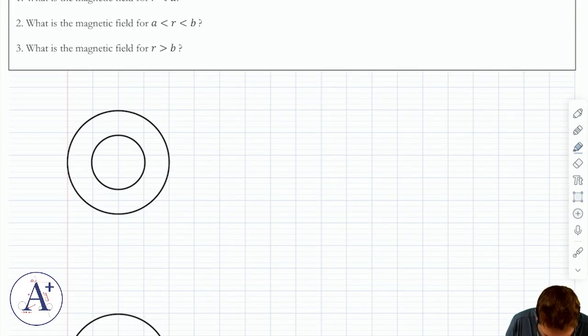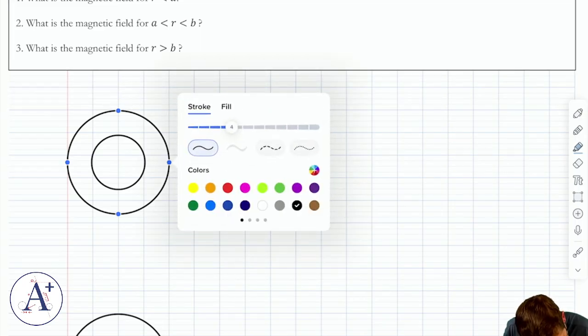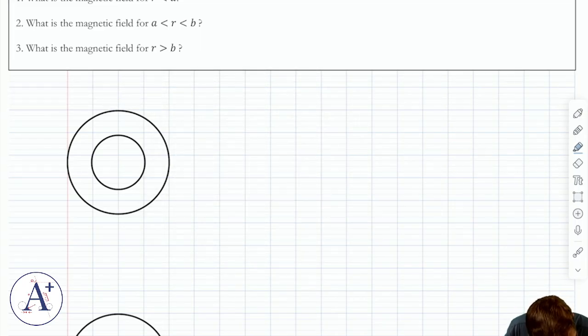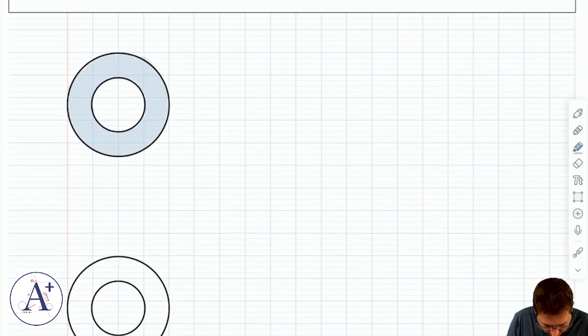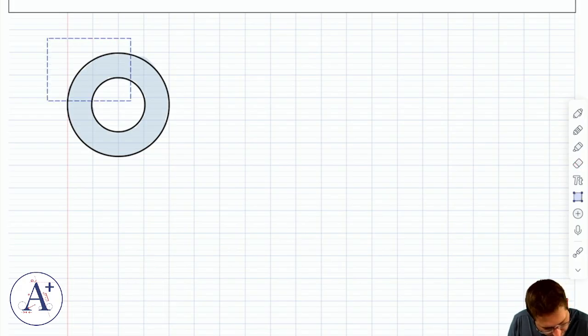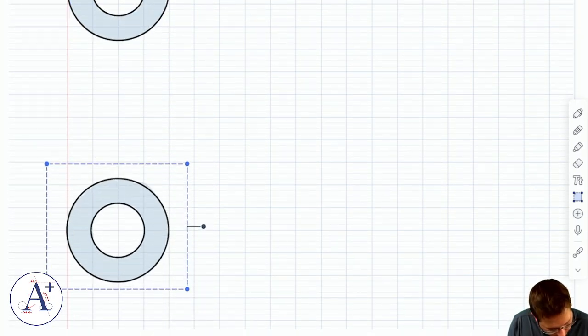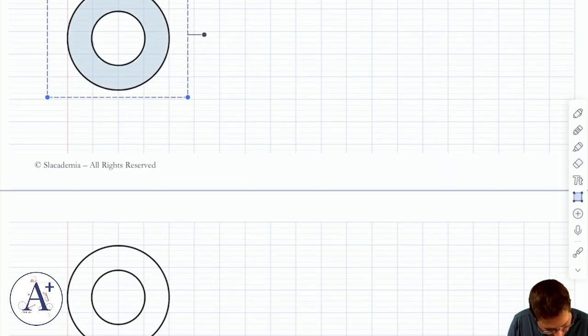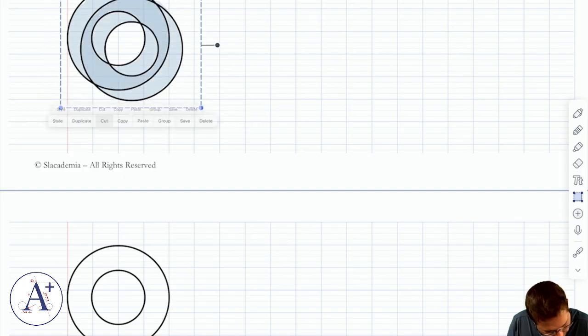And perhaps just to make things clear, we should indicate that this is a solid region. So it's the inside that's hollow. So this is where the conducting material is through which there's current flowing out of the page. Do something like that and then make a copy.